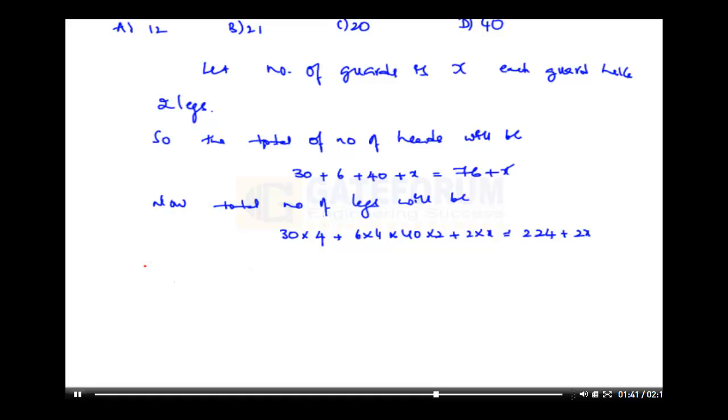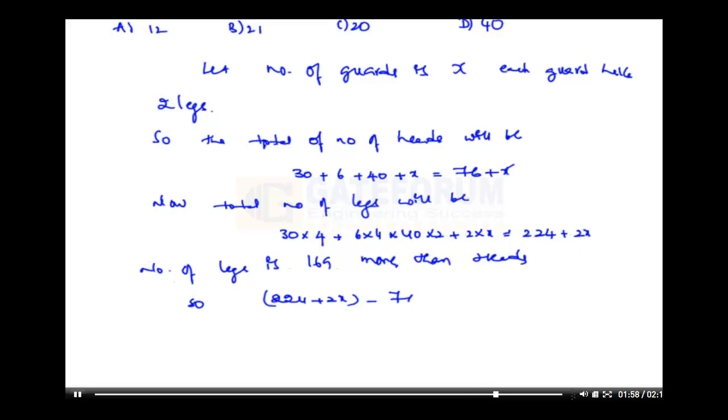Already given, the number of legs is 169 more than heads. So I can write 224 plus 2x minus (76 plus x) is equal to 169, which gives x equal to 21. So the number of guards is 21 and the option is B.